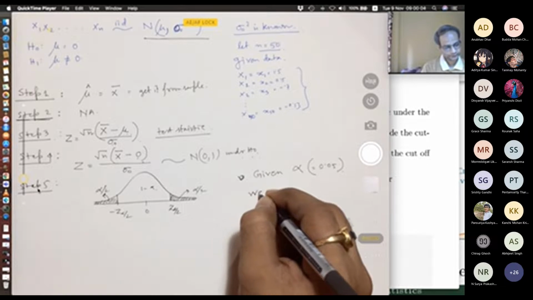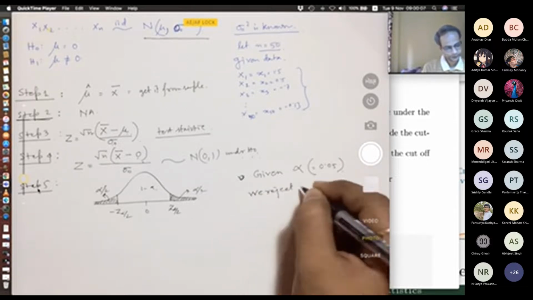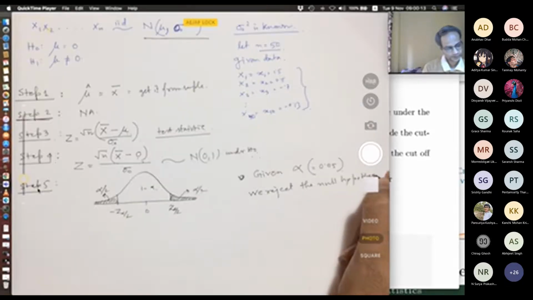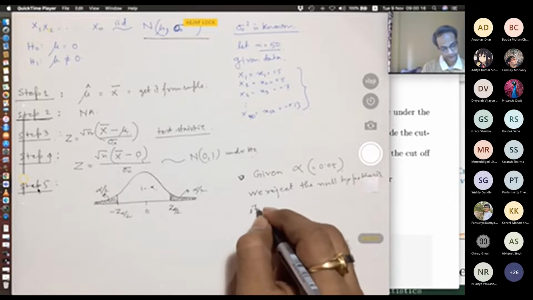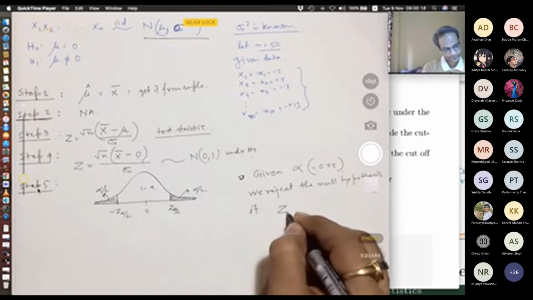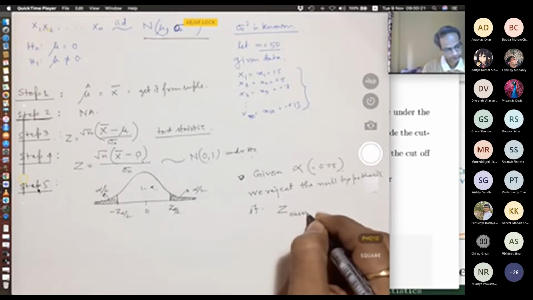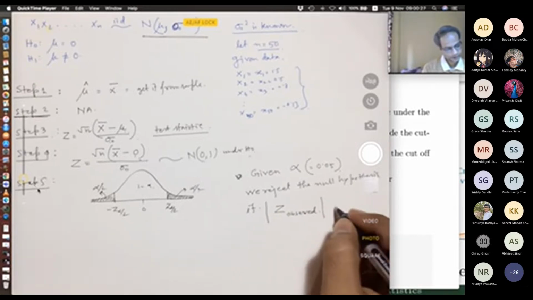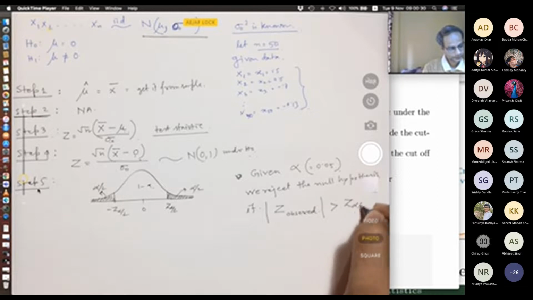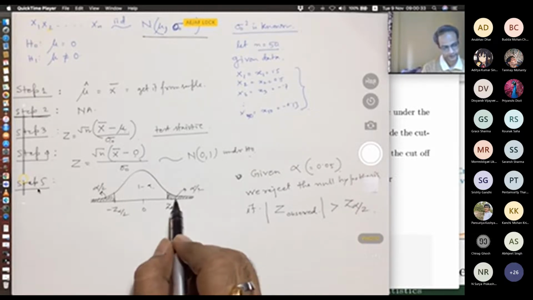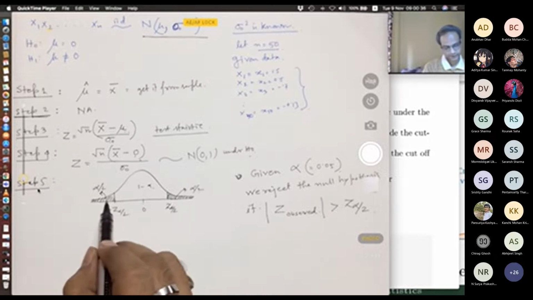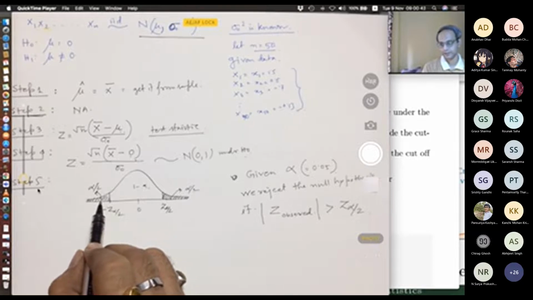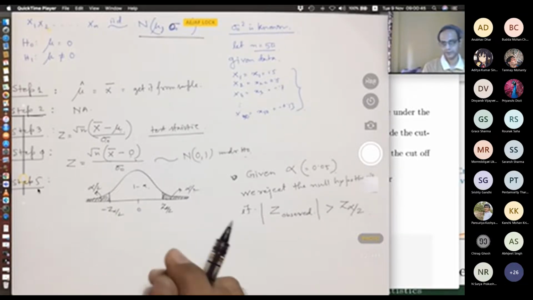We reject the null hypothesis if this Z observed, absolute value of that, is greater than Z alpha by 2. That means if it is falling in the shaded region, I will reject the null hypothesis. If it is falling in this shaded region, or if it is falling in this shaded region, I will reject the null hypothesis. Otherwise, we will go by the alternative.